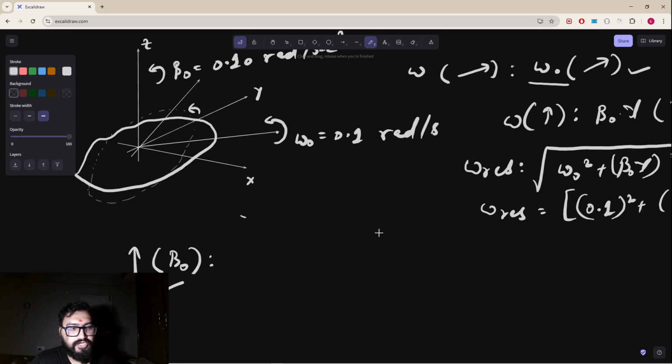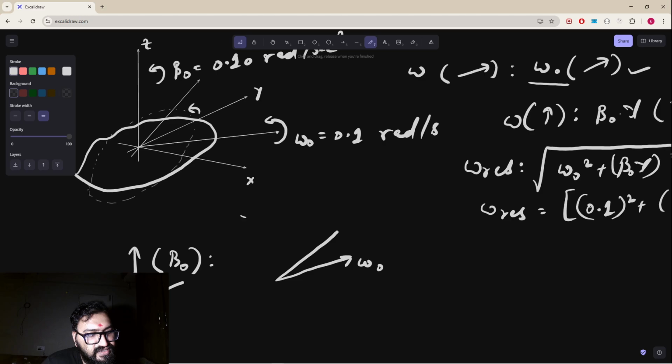if I think about it in terms of words, let's say initially my angular velocity is in this direction, and after some time, let's say dt, my angular velocity is along this direction, and in this time the vector turned by an angle d theta, okay?